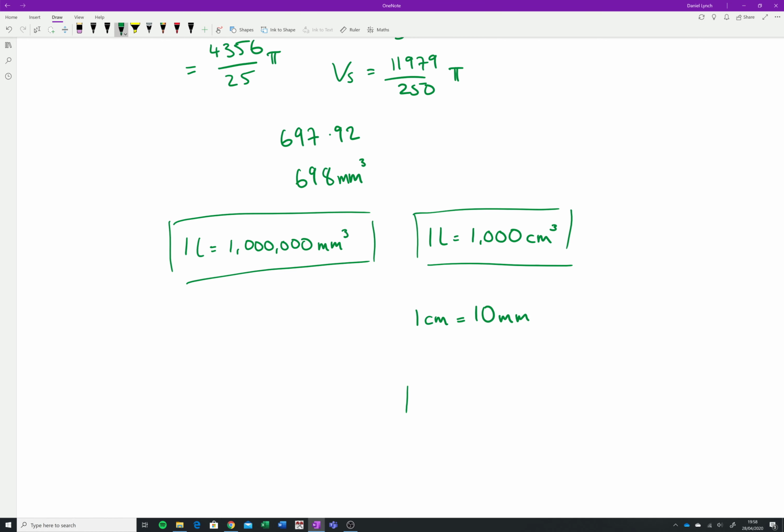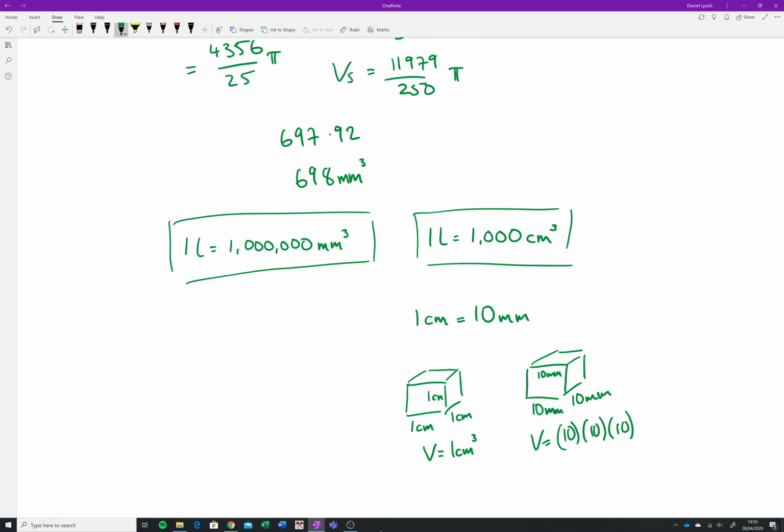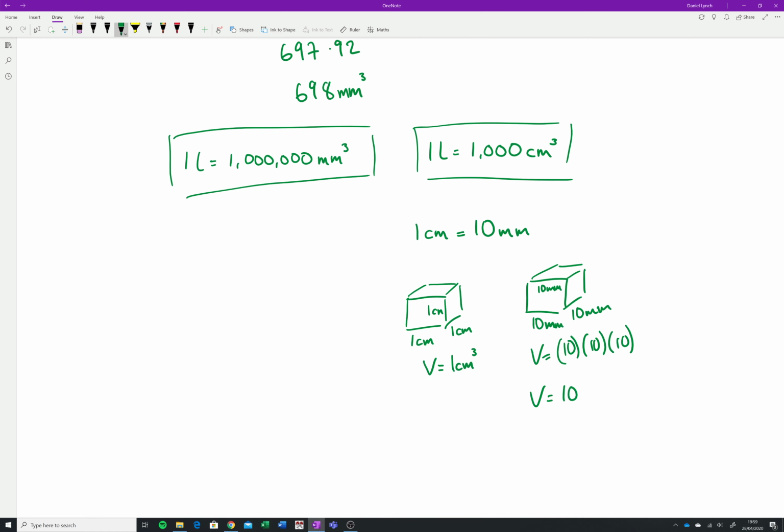If you think about what 1 centimeter cubed is, the volume of this box here, if that's 1 centimeter and that's 1 centimeter and that's 1 centimeter, the volume is 1 centimeter cubed. But if you take that same box and you write it this time in millimeters, that's 10 millimeters, that's 10, that's 10 millimeters. So the volume is equal to 10 times 10 times 10, which is 1,000 millimeters cubed.